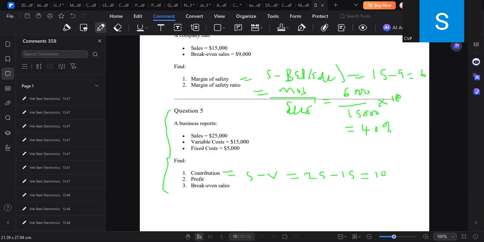What is the profit? Profit is sales minus variable cost minus fixed cost.